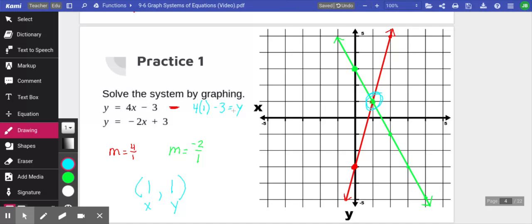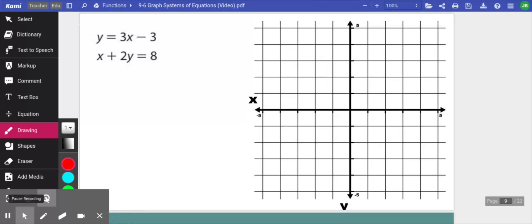It works. And the same thing with the second equation. Negative 2 times 1 is negative 2, and negative 2 plus 3 is also equal to 1. So it works out that it's the solution for both equations to be true. That's the general idea of a system of equations.